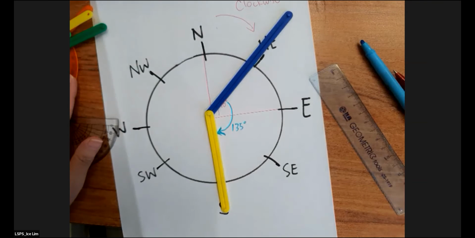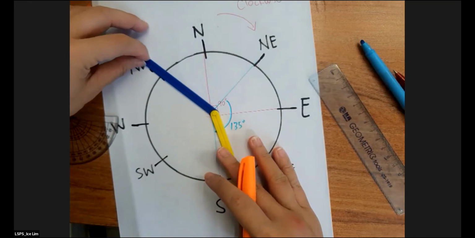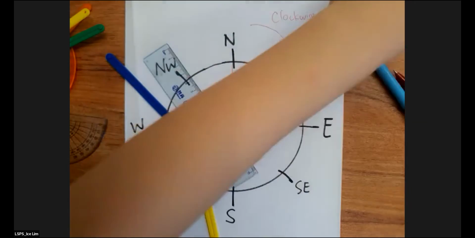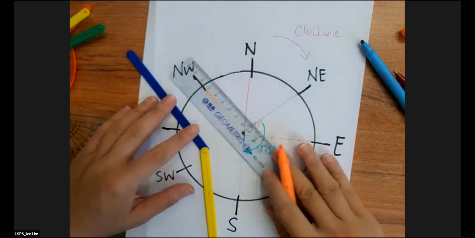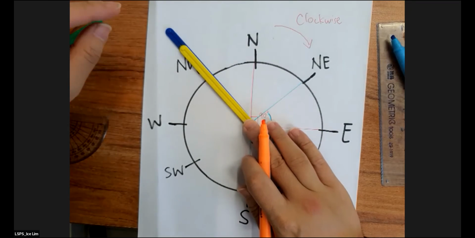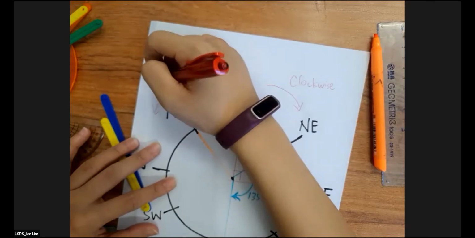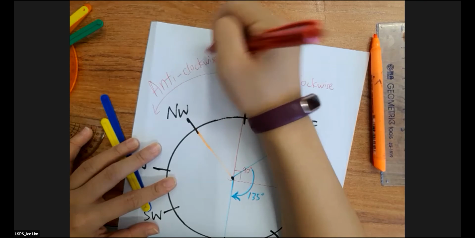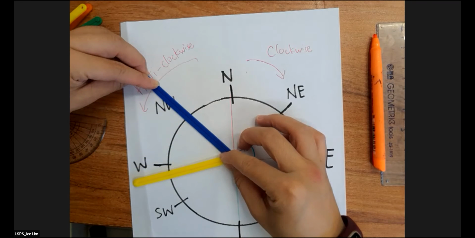Now, if I start from northwest, I put my legs here at the center point, and I go anti-clockwise to west.